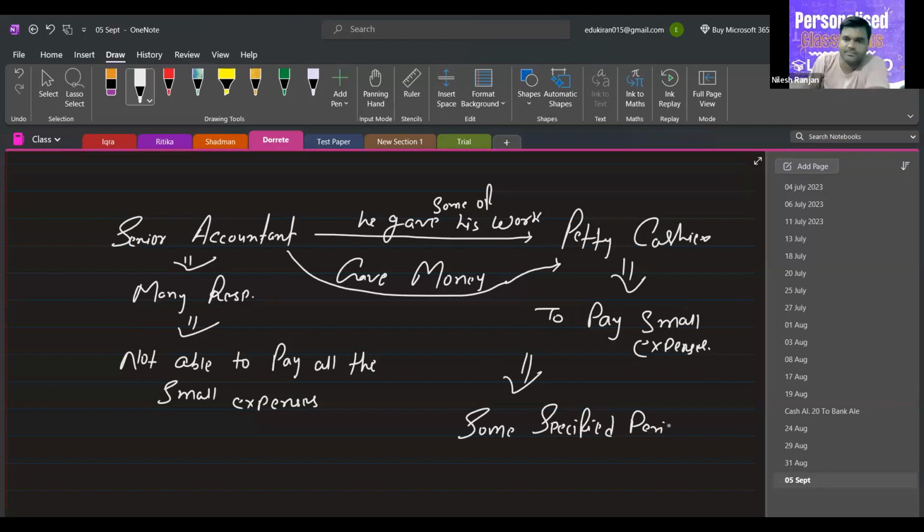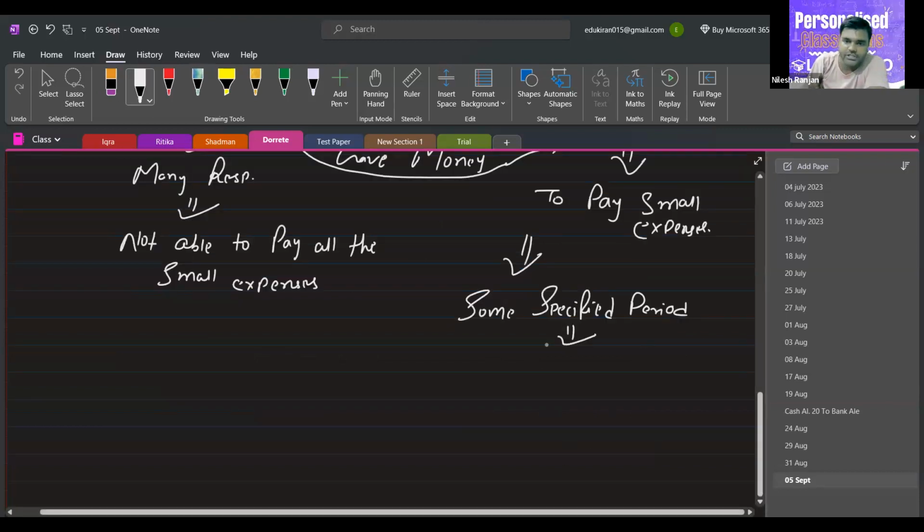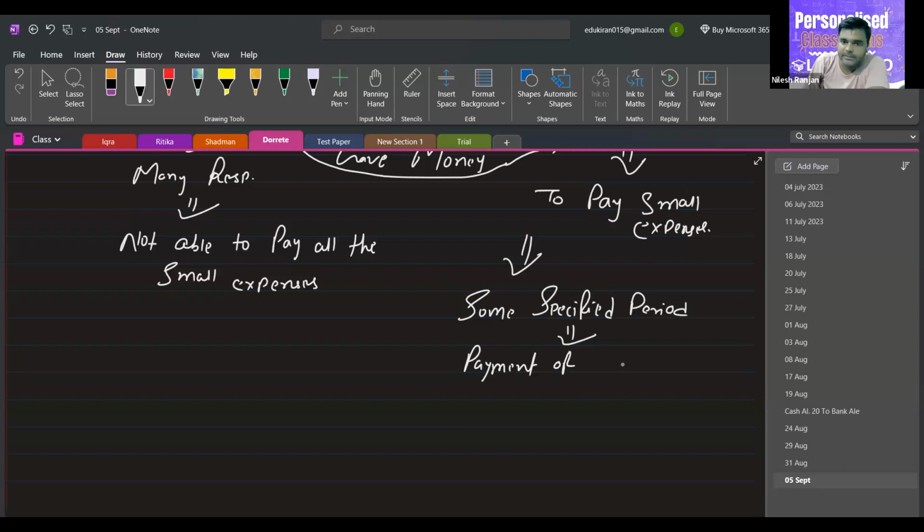So in some specified period he has to pay all the small expenses, let's say the stationery expenses, the tea or coffee expenses, the water bill. These are the small expenses that need to be paid by the petty cashier, because all small expenses are the responsibility of the petty cashier.